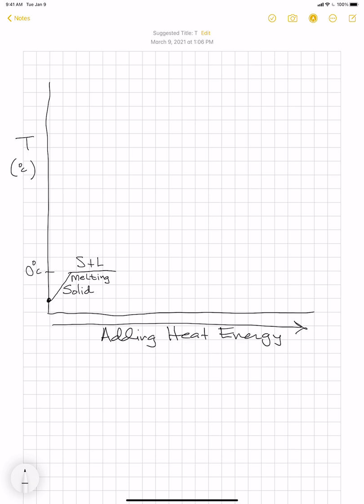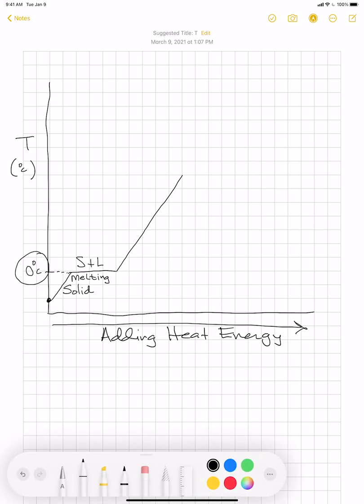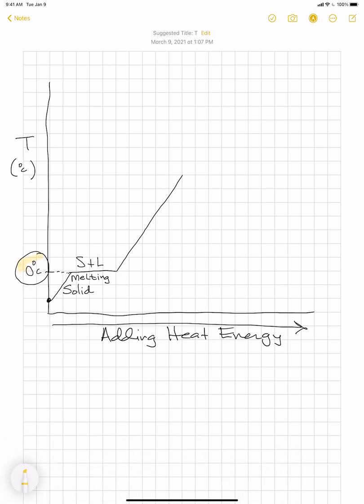And when it all turns to liquid, it begins to increase in temperature again, okay? All right, so at this point right here, I'm going to go ahead and circle this, and I'm going to highlight it to make it easy for you to see. We have kind of a special temperature right here, okay?